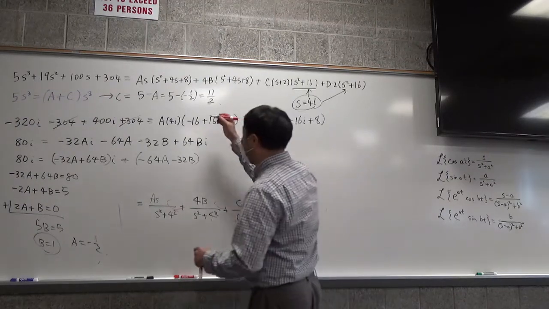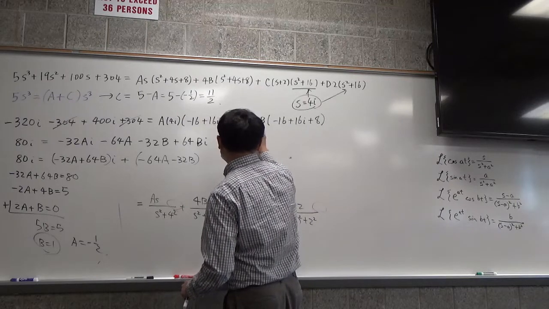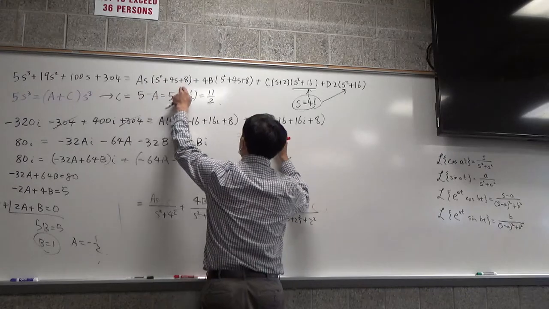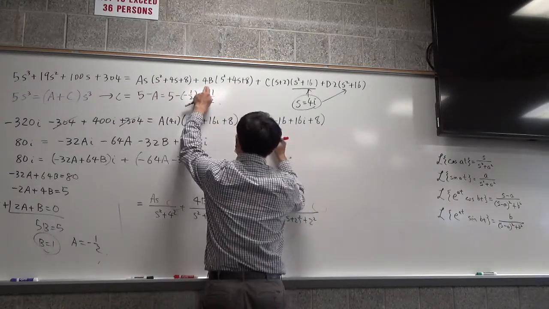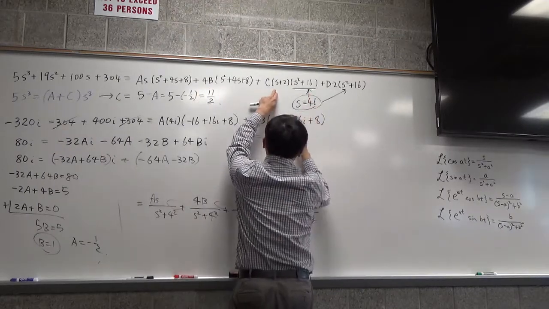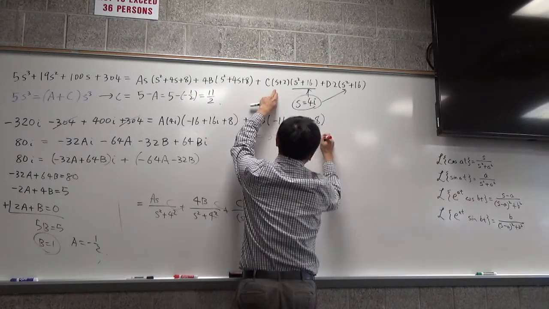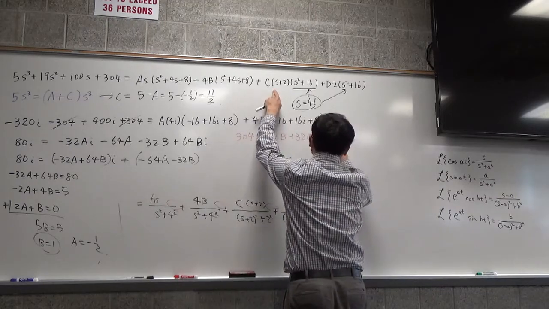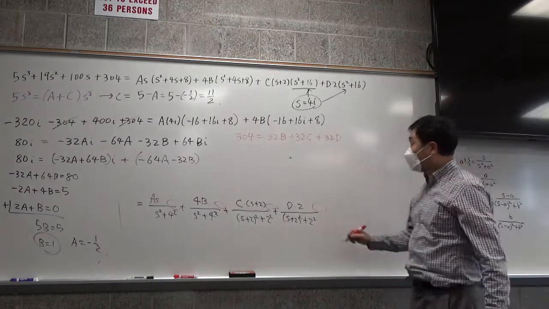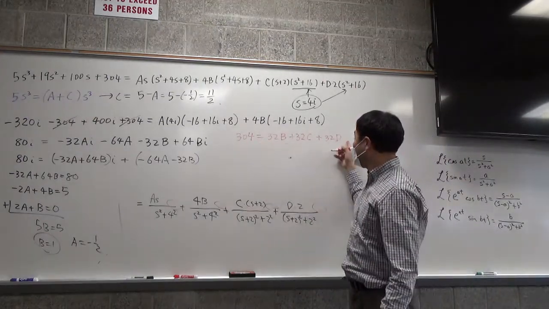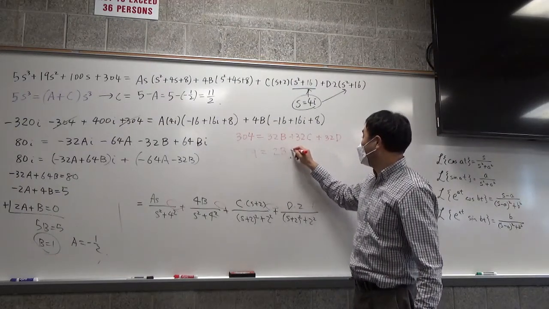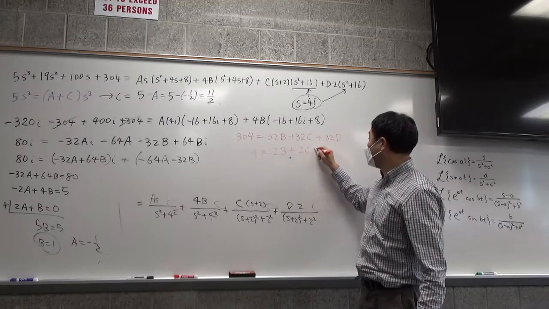Yeah. So if I plug in 0 both sides, you get 304 equals, if I plug in 0, that's gone, 32b plus 32c plus 32d. Huh, interesting. All right. And then if I divide everything by 16, that's 19 equals 2b plus 2c plus 2d.